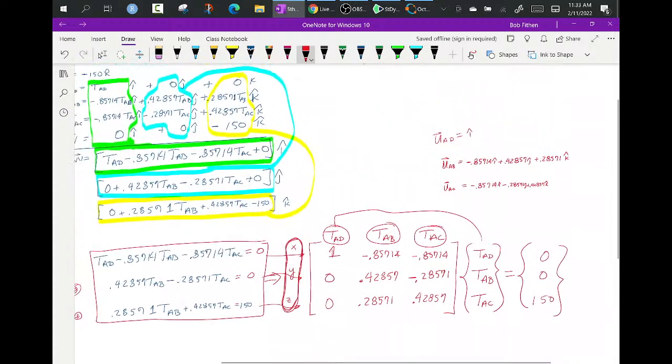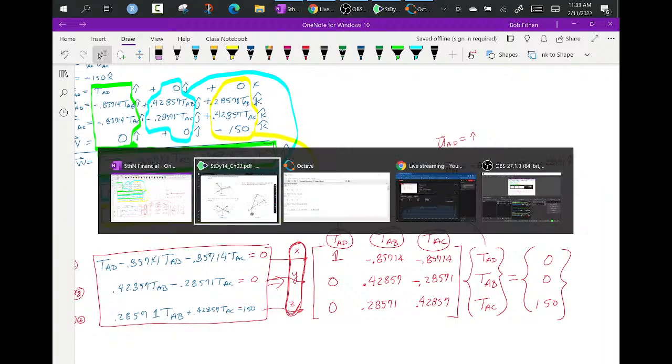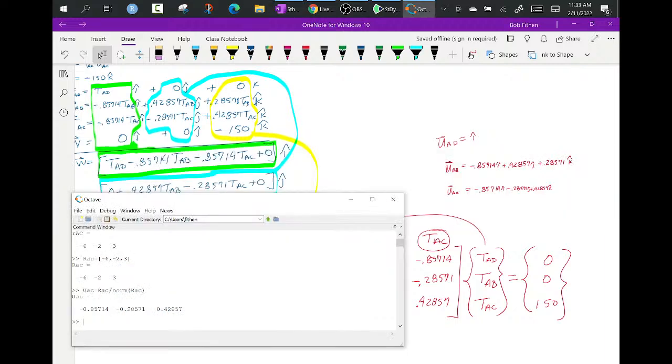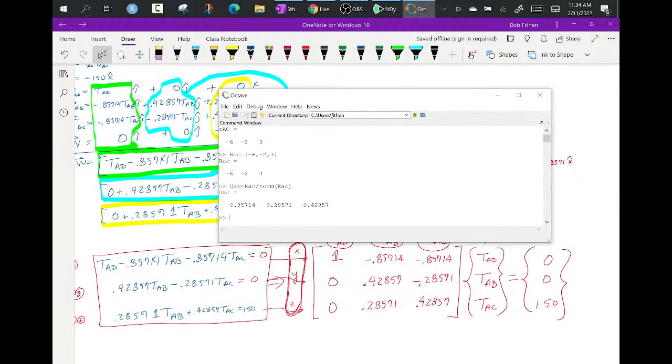So with that in mind, let's head back to Octave. I had my UAC. I did not have one of the other terms.